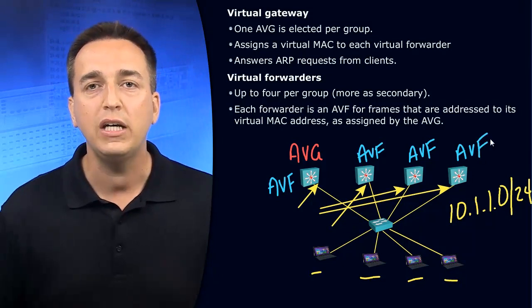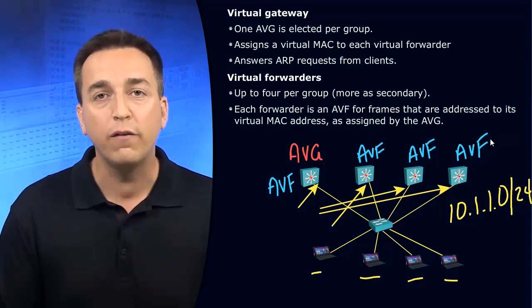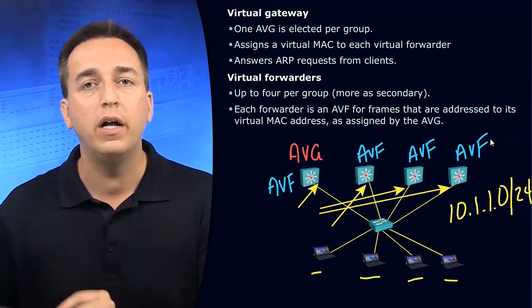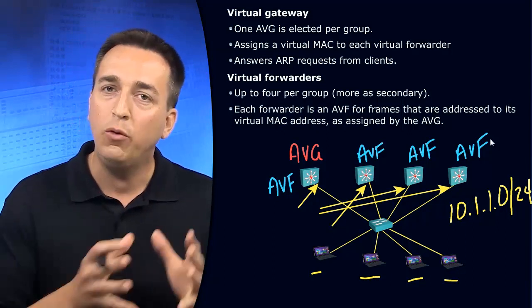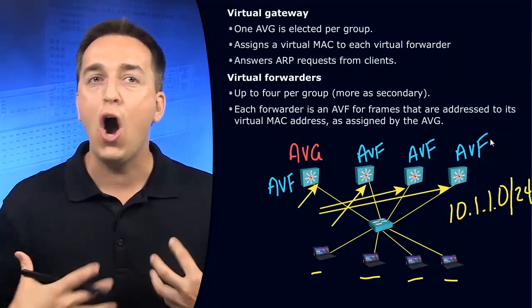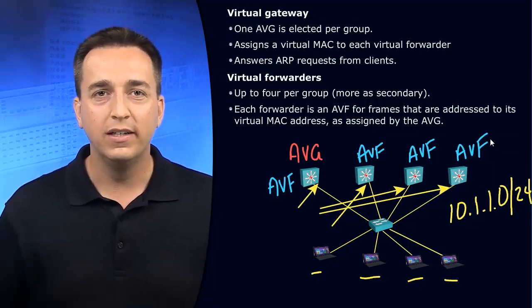So the AVG is going to distribute 4 different MAC addresses for each and every single one of these AVFs. It will also be responsible for answering the ARP requests from the clients.